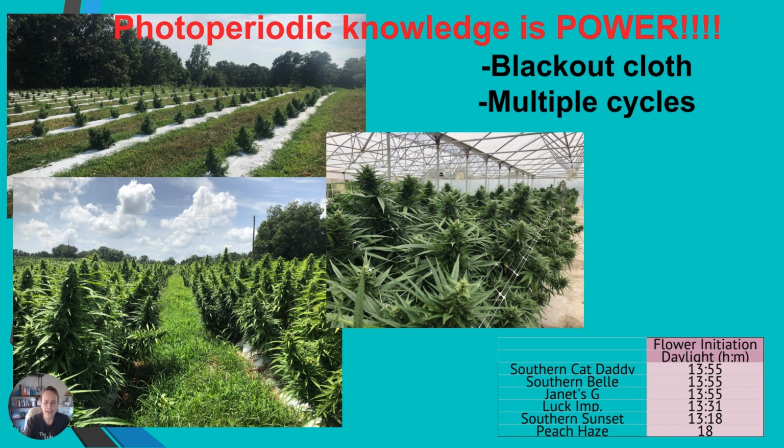So we've got everything from 13 hours, 55 minutes, all the way to the really funky ones that I have termed semi-auto, because they have 18 hours. And so a large range of what makes these plants tick.